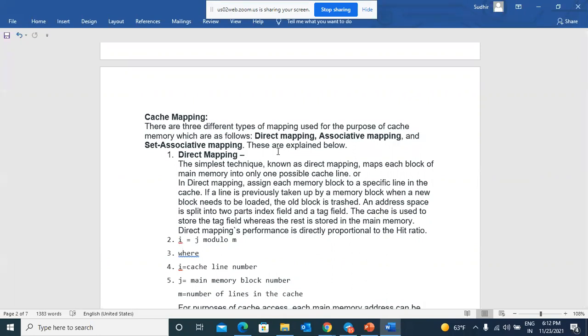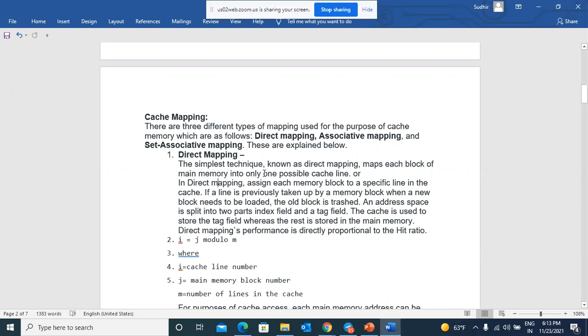This is a separation. When you talk about RAM, you call it a frame. When you say hard disk, it's about paging.